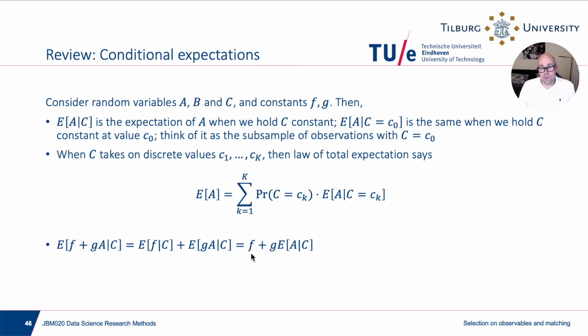That, of course, will simply be that constant, plus the expectation of g times a given c. So it will be g times the expectation of a given c. So you can always pull out a constant. So this is exactly the same as it would be unconditionally.